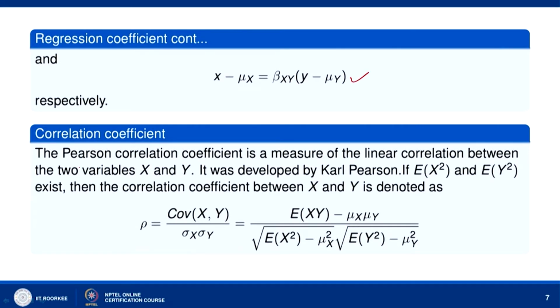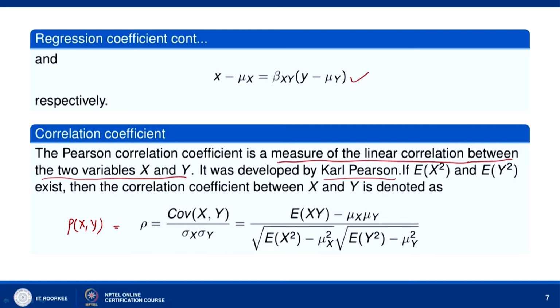Now, the Pearson correlation coefficient is a measure of the linear correlation between the two variables x and y. It was developed by Karl Pearson. If Ex square and Ey square exist, then the correlation coefficient between x and y is denoted as rho, or rho x y, and it is equal to covariance of x y divided by sigma x sigma y.